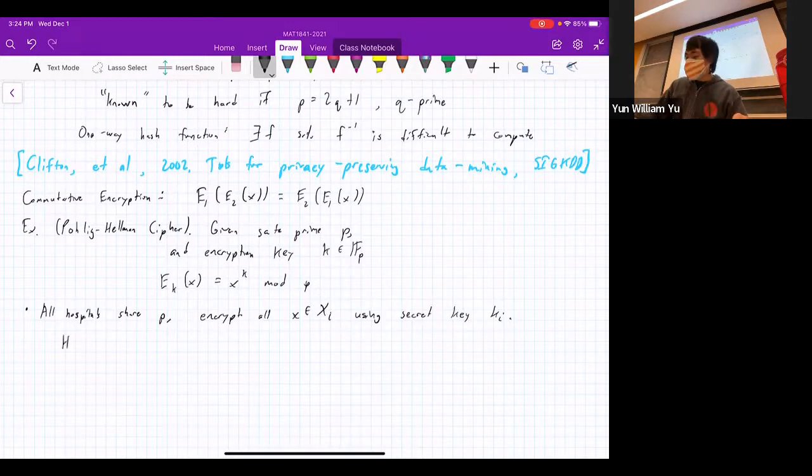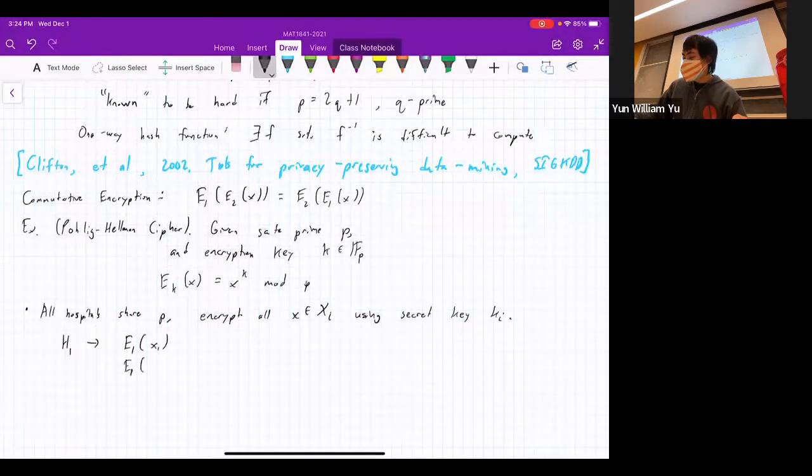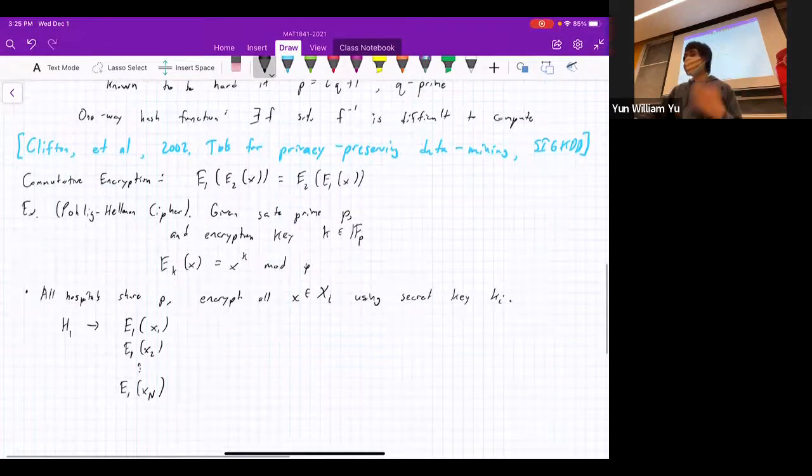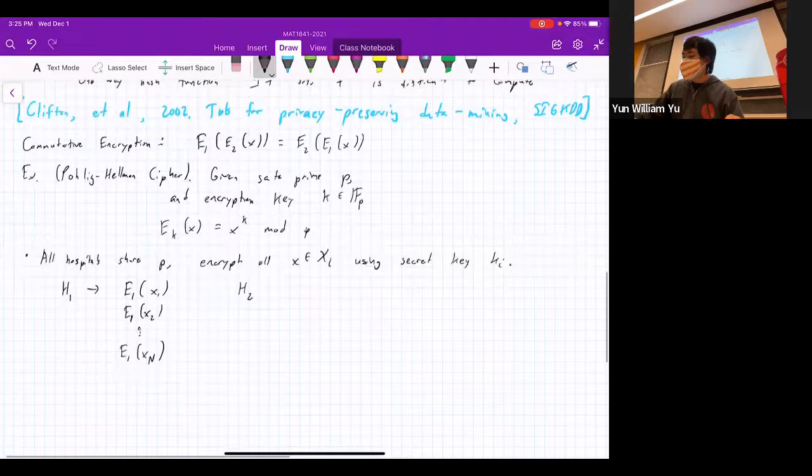So hospital 1 generates E_1 of X_1, E_1 of X_2, through E_1 of, let's say, X capital N. Each of these hospitals generates these values. Actually, I need X_{1,1}, because this is all for hospital 1: X_{1,1}, X_{1,2}, through X_{1,N}.